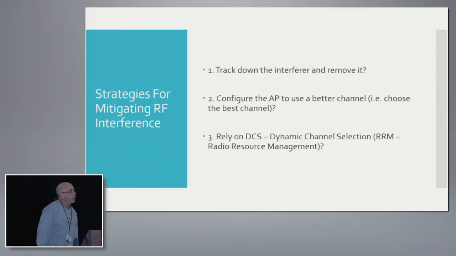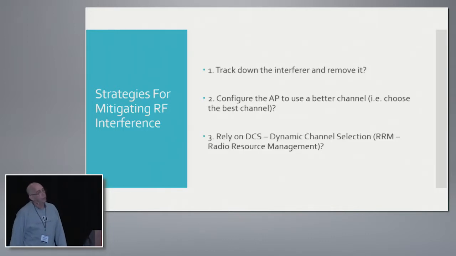And I can tell you, with solution number 1, it's really hard to do for a few reasons. One is that the interferer may not belong to you. Number 2, it might be the wireless security system in the building, and so you can't be taking that down. And the third thing is that even if you wanted to track it down and you had a directional antenna, if you've ever tried to do it, the radio waves are bouncing off of walls.